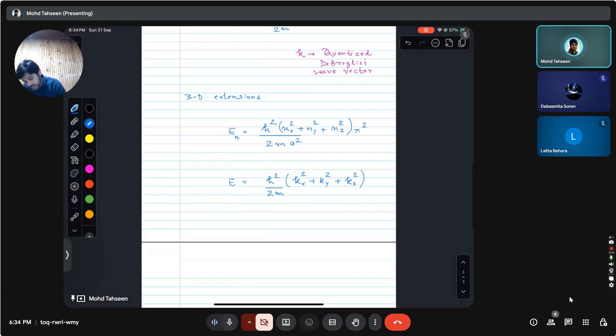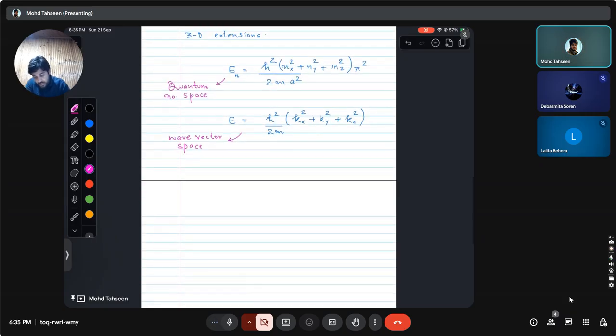So this is the expression of energy in quantum number space, the n space. And in this one, we are representing this energy in terms of the components of the wave vector. This is called the wave vector space, and as we will later see, this is called reciprocal space.